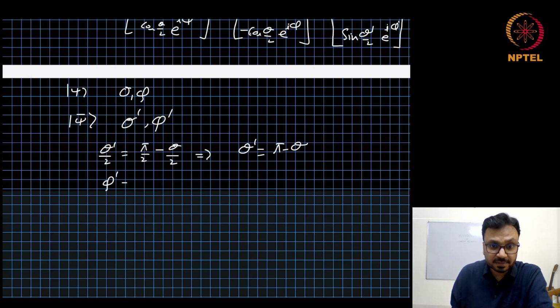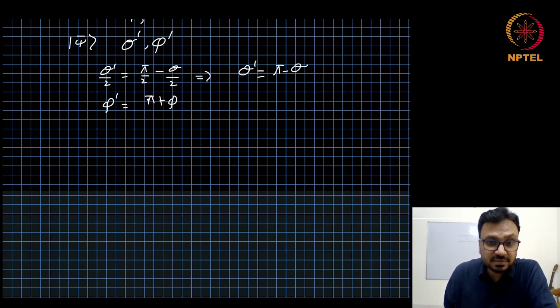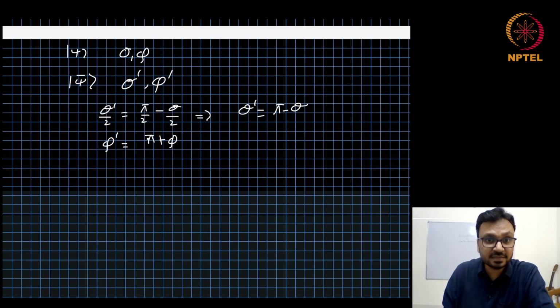Similarly, phi prime is pi plus phi. So this tells us that if the coordinates of psi are theta and phi, the coordinates of psi orthogonal will be pi minus theta and pi plus phi.